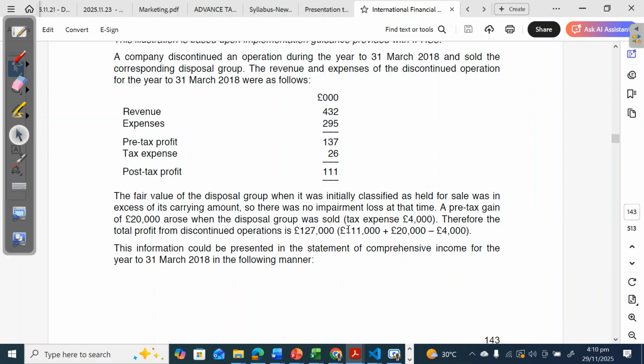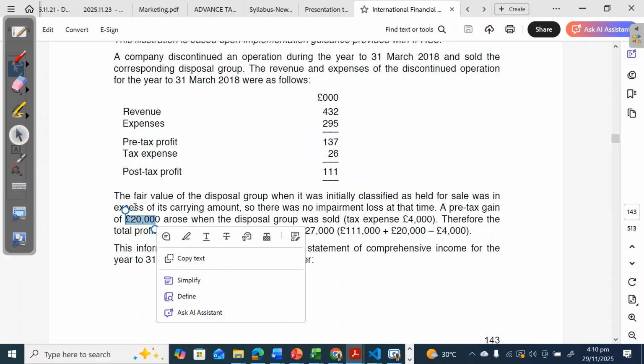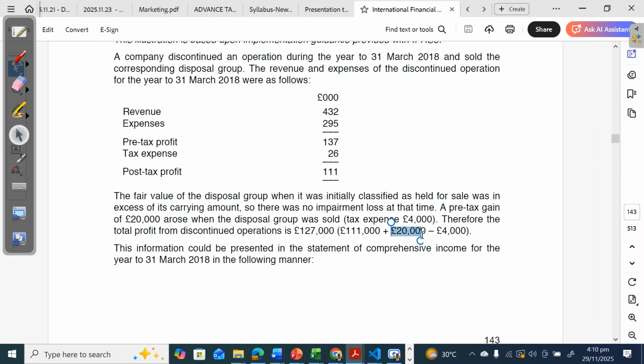Now let's look at the whole profits that we should include in the main financial statement. That will be the normal operation, which is the 111, and then the pre-tax profit on the disposal, which is 20,000. Then we take out the tax, which will give the 127. The 127 that we saw.